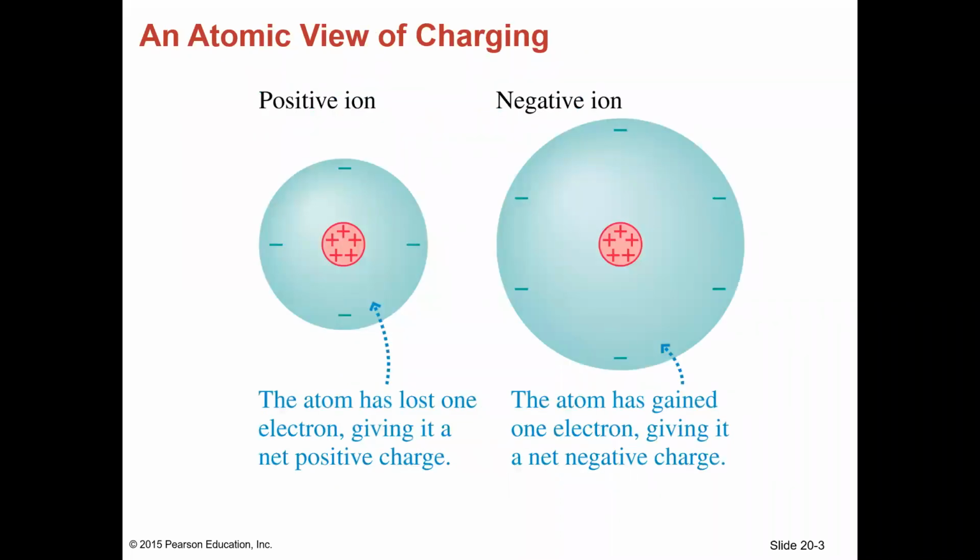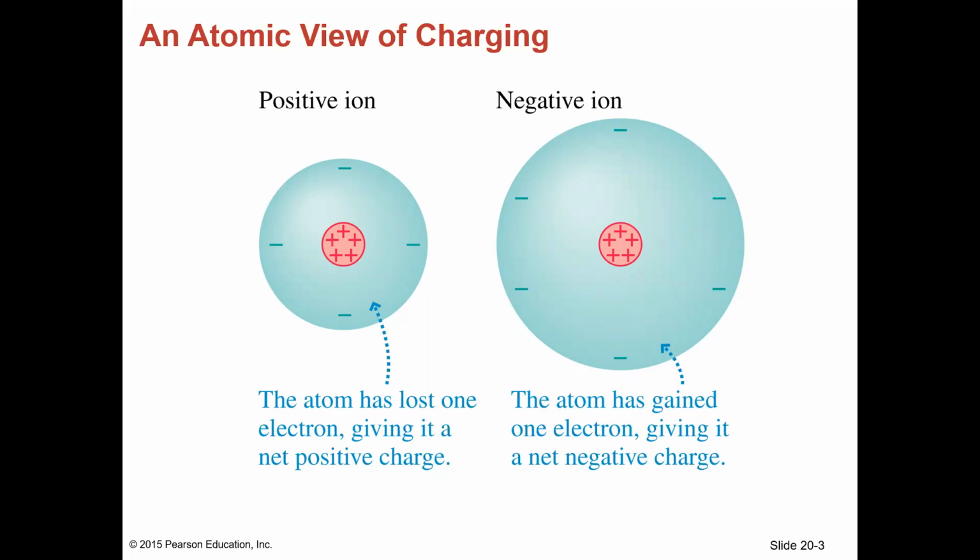Now there are also atoms that either lack negative charge or have excessive negative charge. They are called ions. You might have seen this in chemistry. A positive ion is where the number of protons is more than the number of electrons.